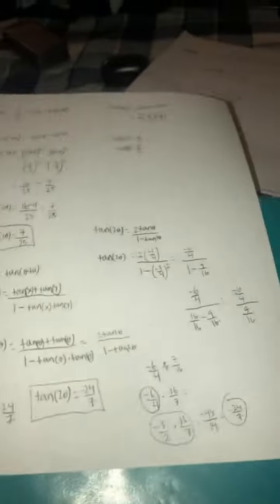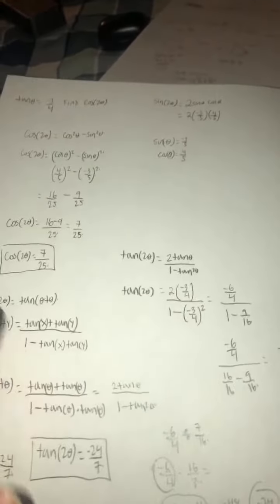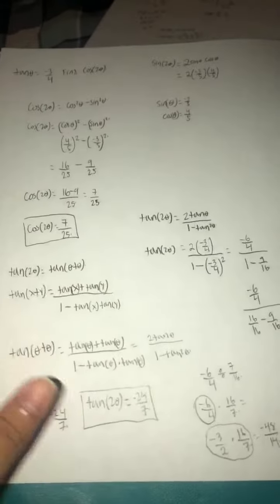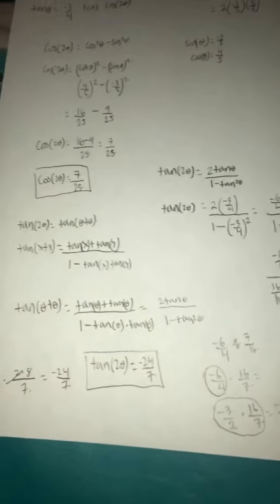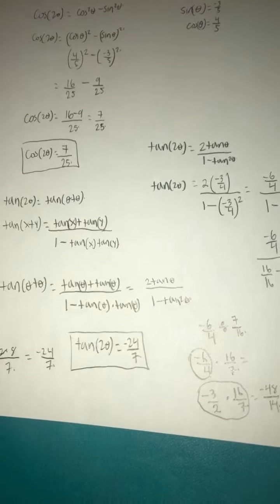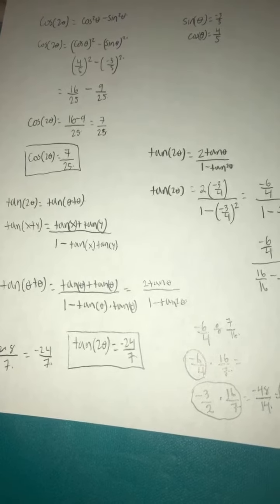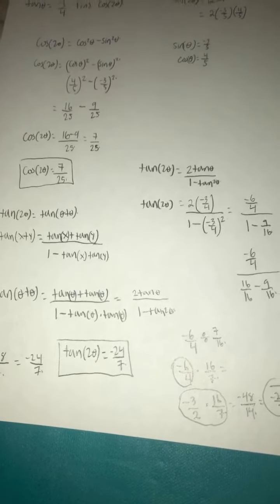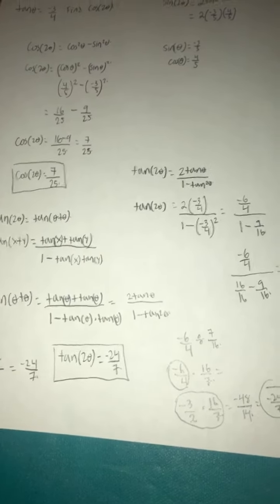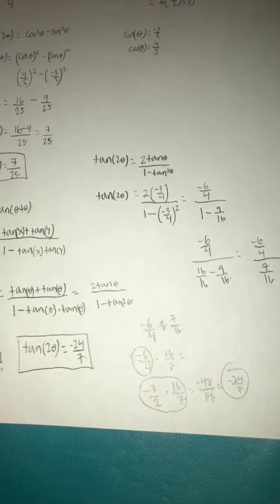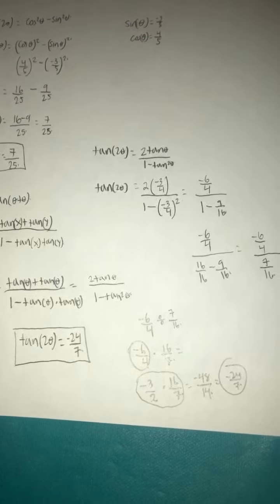Okay, guys, and that is how you do double angle identities. That was one problem for double angle identities. I really hope that helped. If anybody has any questions about any of this, please let me know. If I made a mistake in any part, also let me know, because I am not perfect.